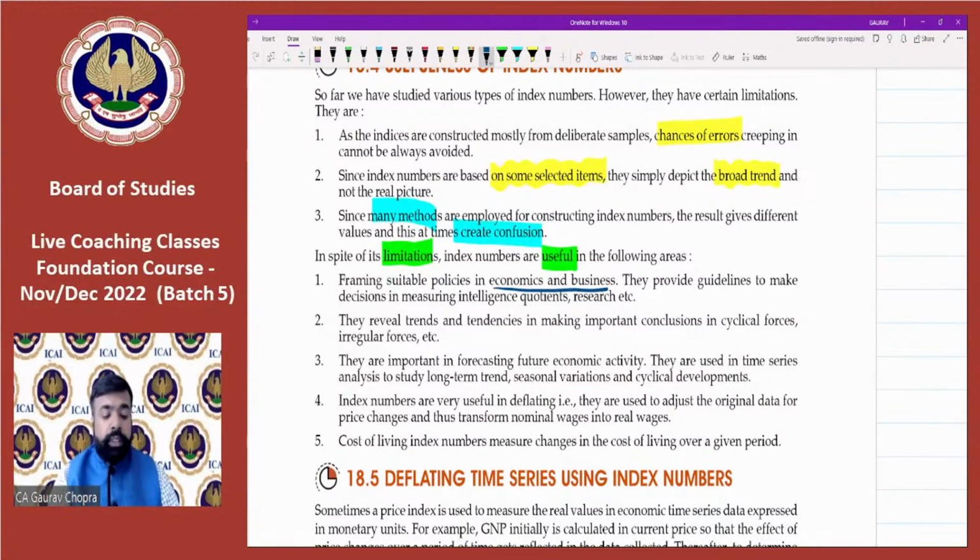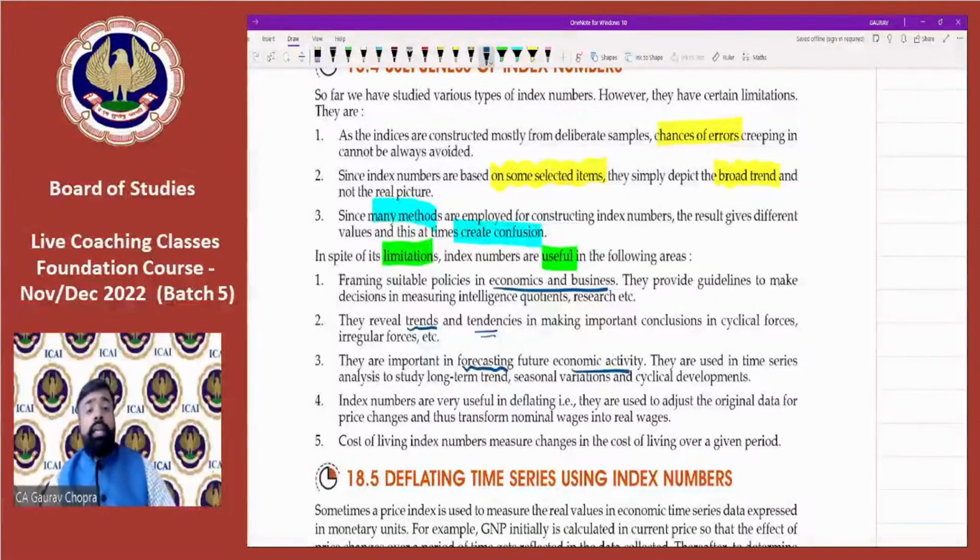So they are used in businesses. That is, in research, we can also use them. They reveal the trends and tendencies in making important conclusions. So they help us to reveal the trend, how the figures are increasing or decreasing, and we can conclude from them.